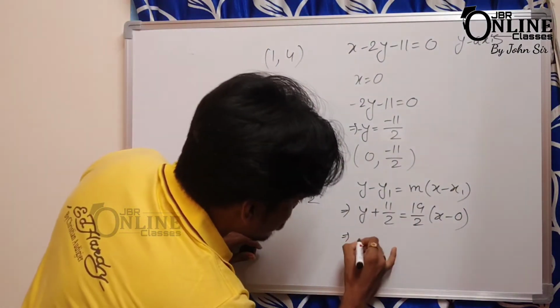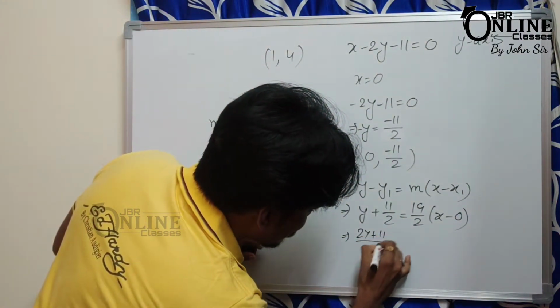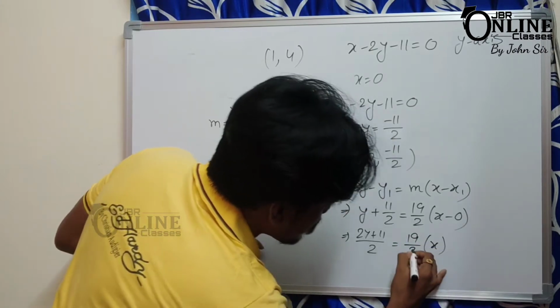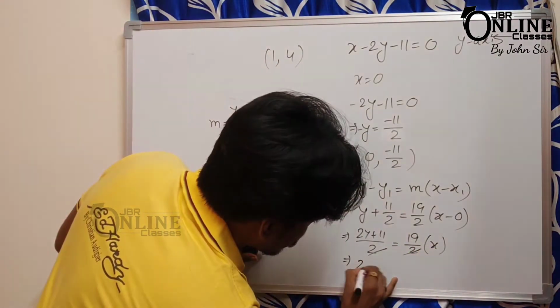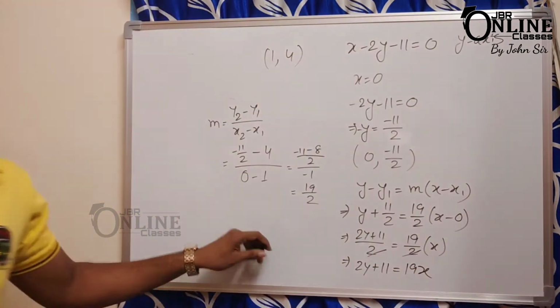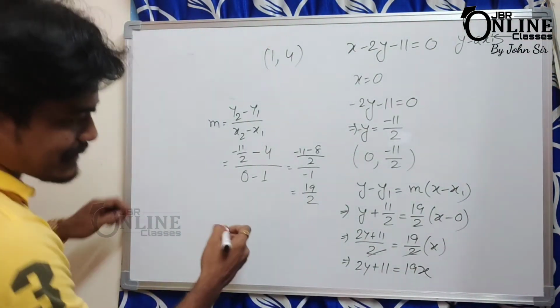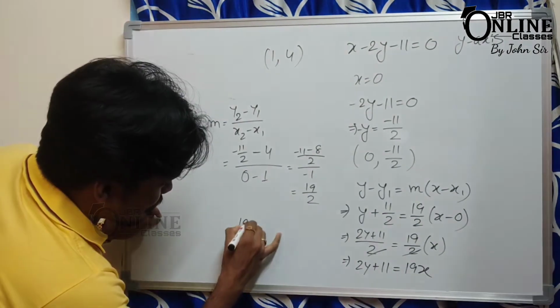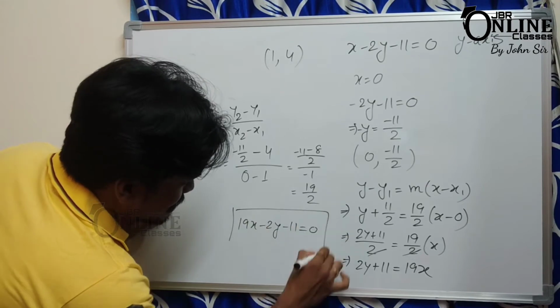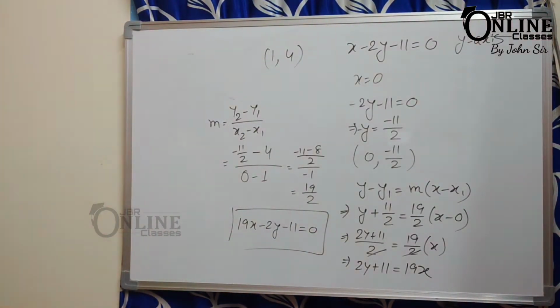So from that, 2y plus 11 by 2 equal to 19 by 2 x. So the 2 cancels out, and here 2y plus 11 equal to 19x. That means the answer is 19x minus 2y minus 11 equal to 0. That is the equation of that straight line.